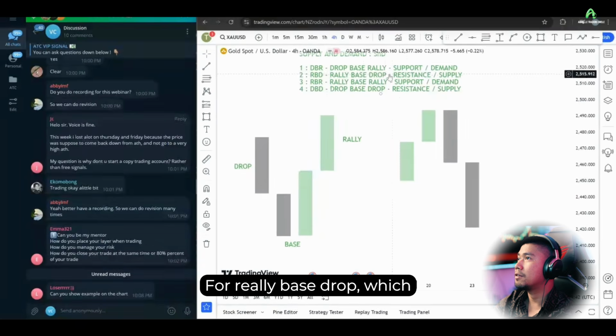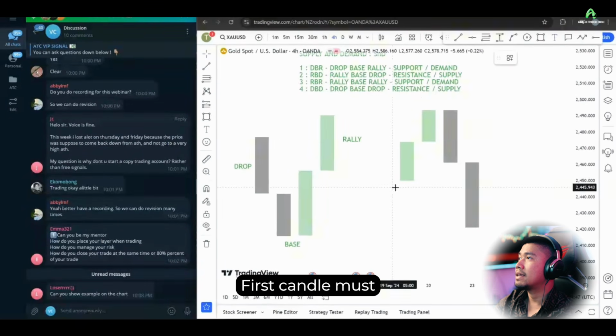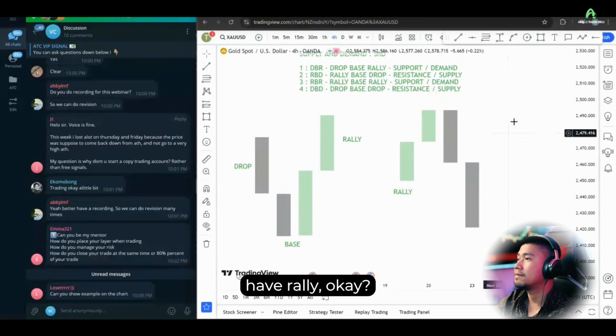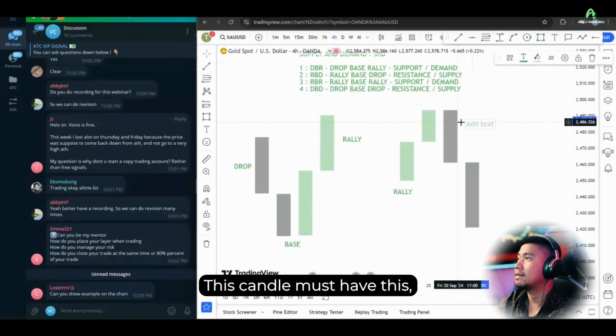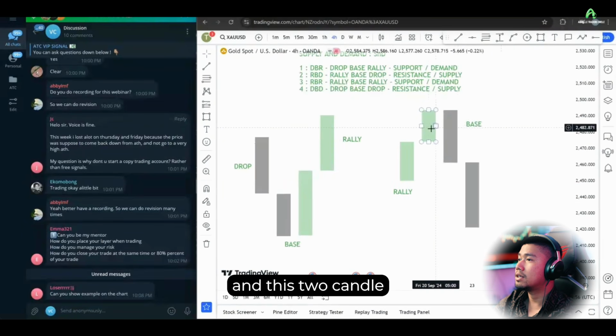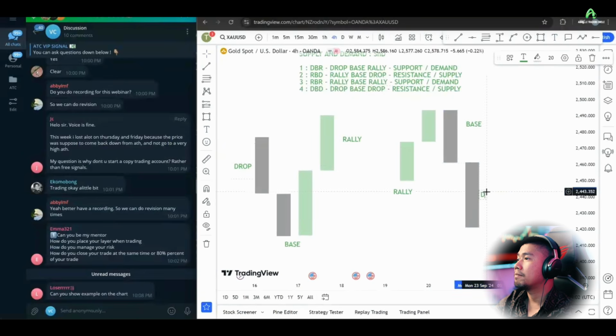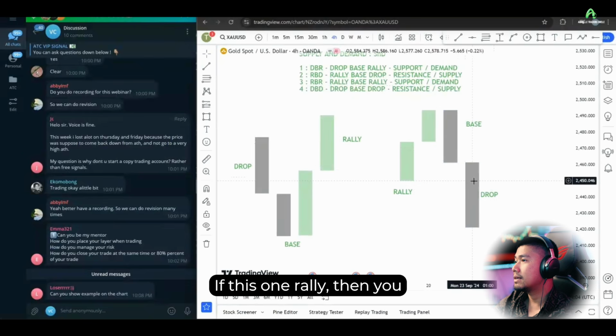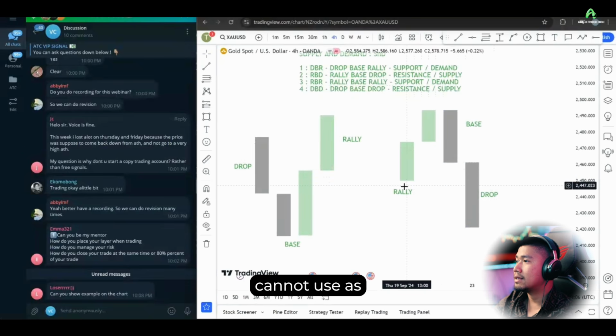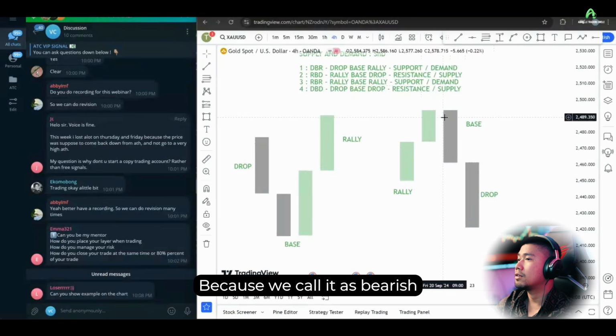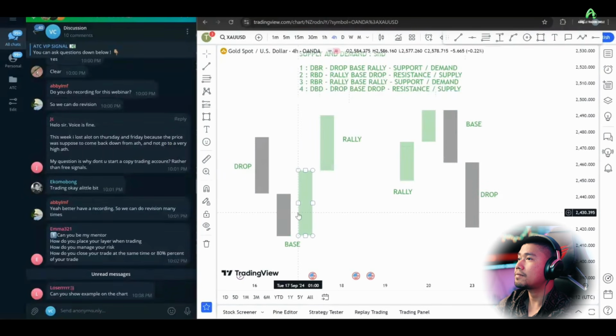For rally base drop, which is your resistance, the first candle must be rally, the second candle must be base, which is these two candles, and your third candle must be drop. If this one is rally, then you cannot use it as rally base drop, because we call it bearish engulfing, right? This one is bullish engulfing, right?